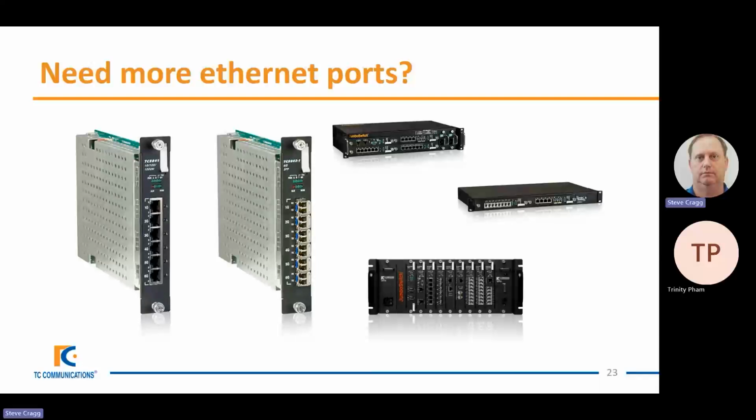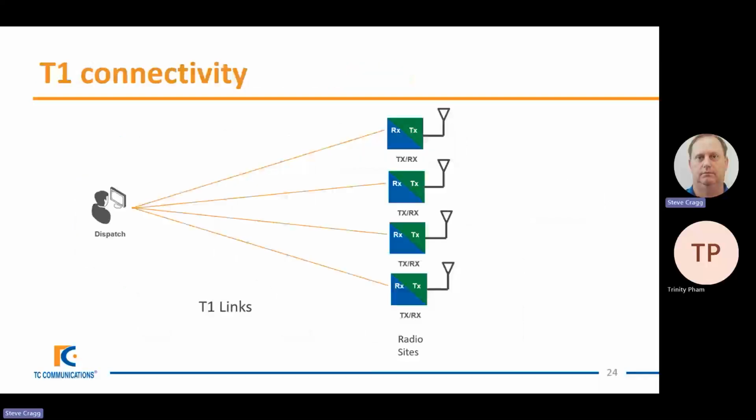So that addresses that. Now, coming towards the end, I did say I would mention T1 connectivity and obviously V.24 as well. I think you'll see where I'm going with the T1. The T1 is very similar to that.